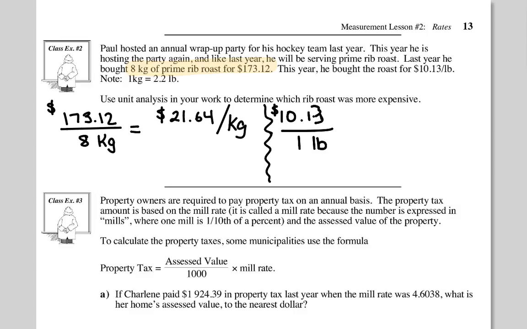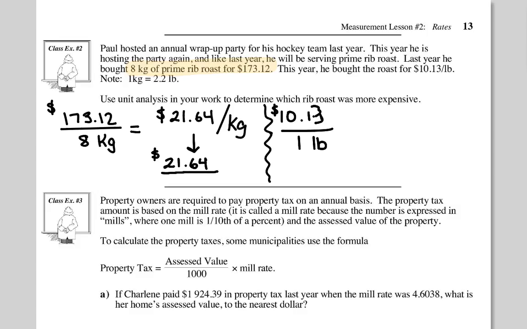How much is 1 LB worth? It's not quite clear, is it? How much is 1 kilogram worth? 2.2. So what I can do is I can switch this one. $21.64 for 1 kilogram.